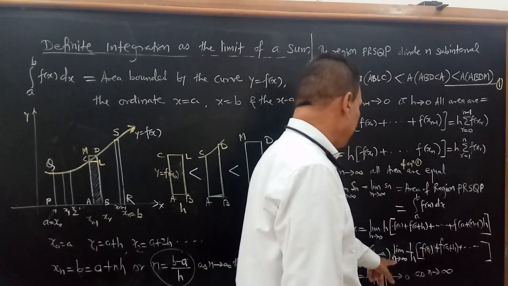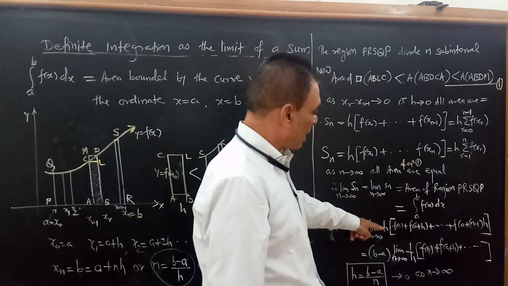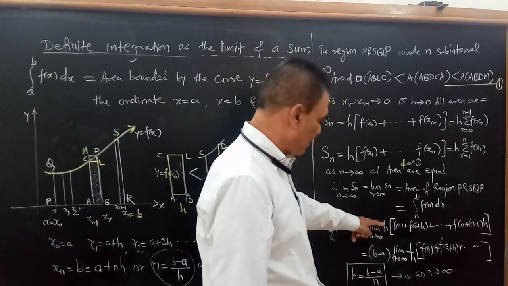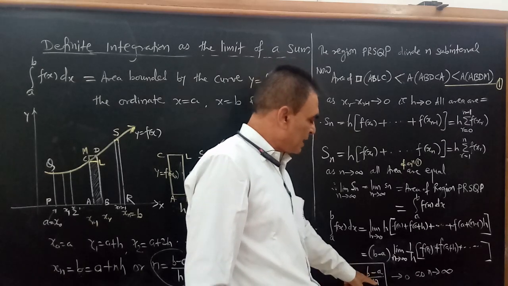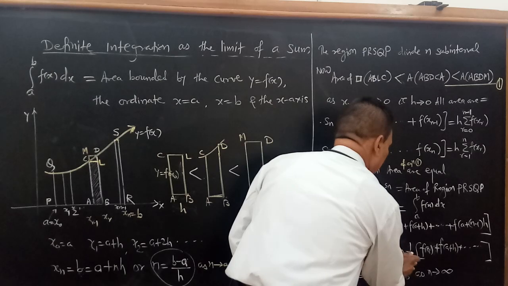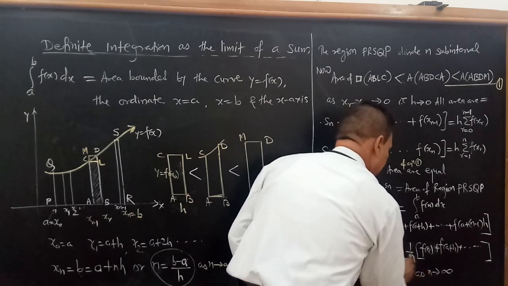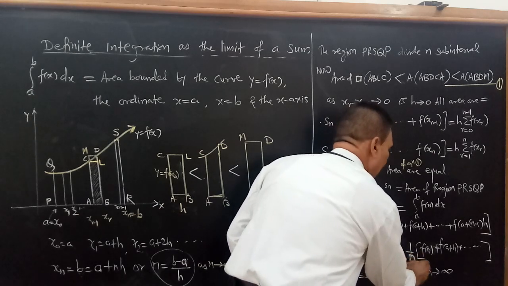Here you can write n tends to infinity, because I am replacing the value of h, where h is b minus a divided by n, and simplify.